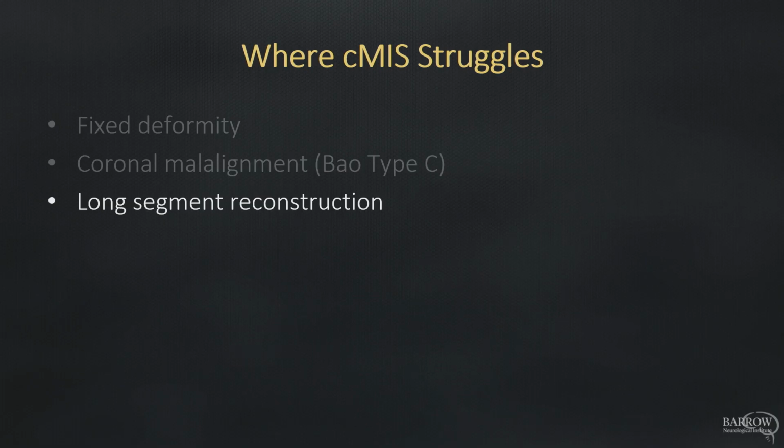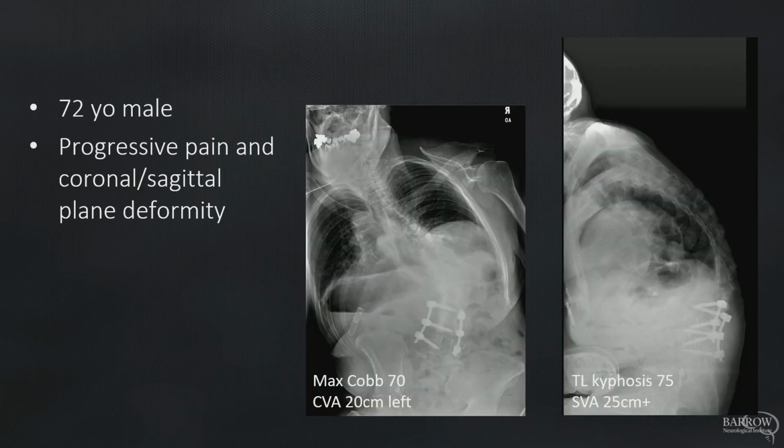And finally, long segment reconstruction. You can see that in Praveen's MISDEF2 algorithm. Long segment reconstruction needs to be carefully weighted for this. Here's another case example. This is a 72-year-old with this significant coronal and sagittal plane deformity.